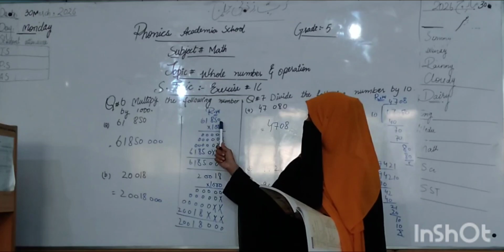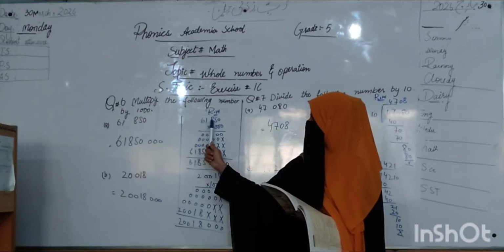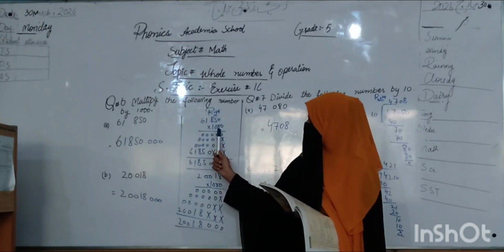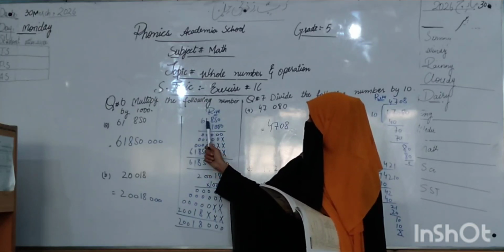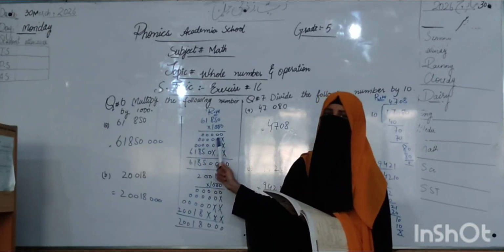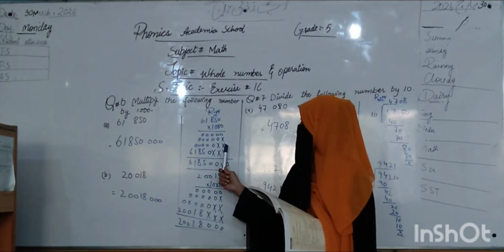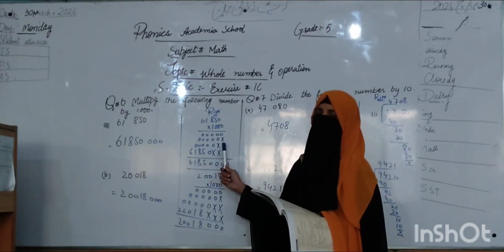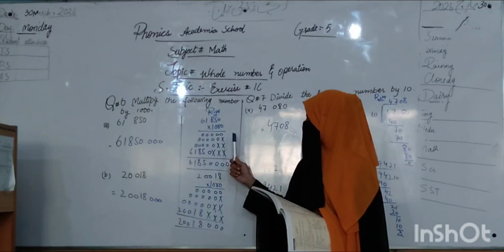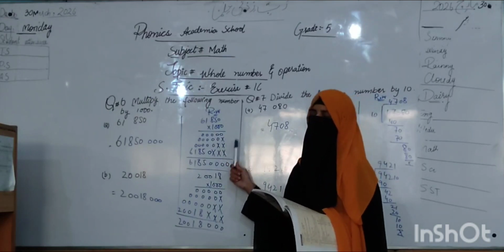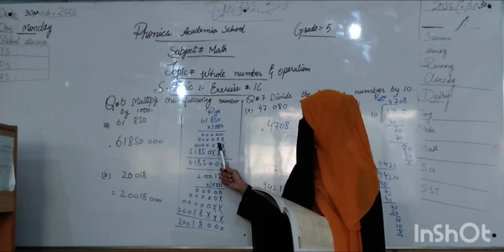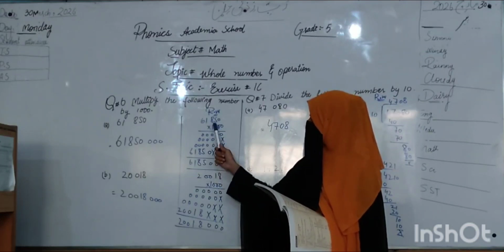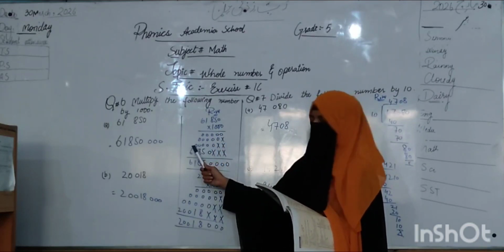Then you multiply 61,850 by 0, and the value is 0. After that, when you multiply by your third number, you put two multiplication signs, below the first two values from the right side. Then 0 times 0 is 0, 0 times 5 is 0, 0 times 8 is 0, 0 times 1 is 0, and 0 times 6 is 0.